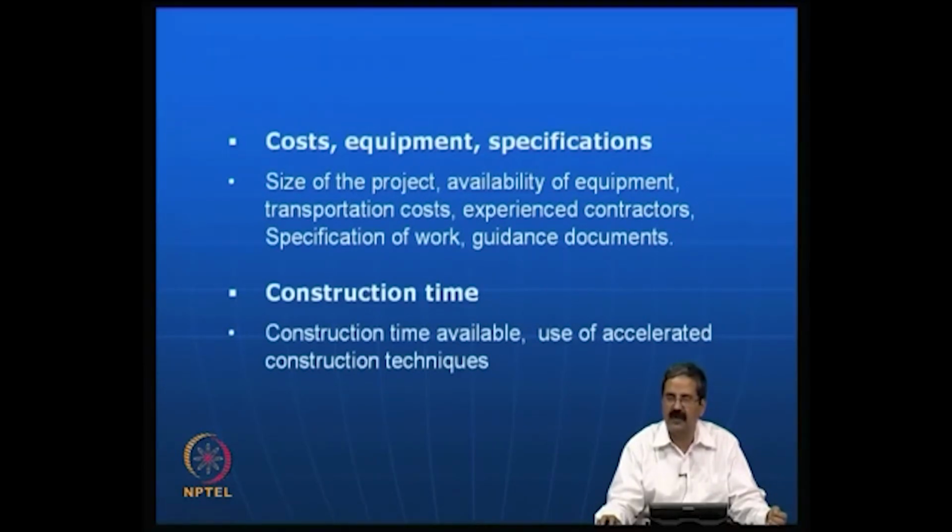For example, if you have a small house of 100 by 100 feet in area and want a ground improvement technique for that, they may not be ready to come, because the mobilization costs are so high, or otherwise the technique will be too costly for you also. Then transportation costs are another important variable.